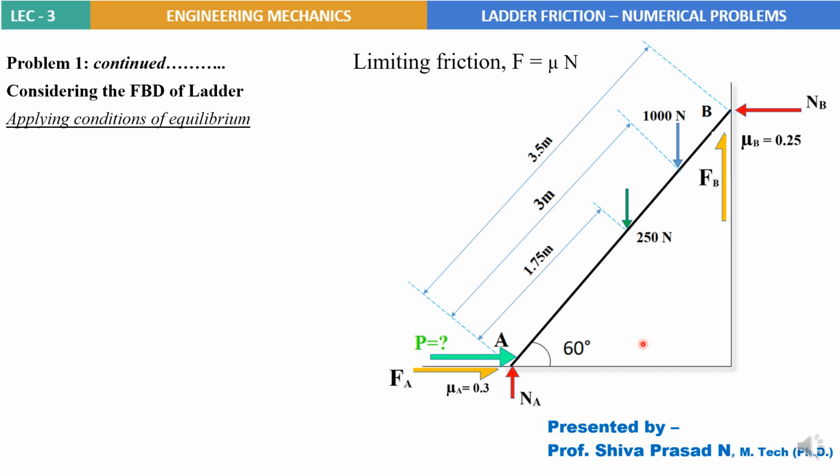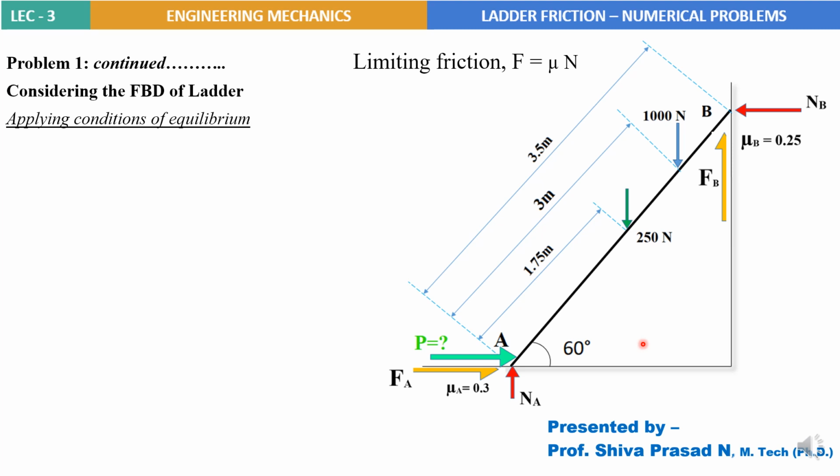In those problems, for drawing the free body diagrams, we had considered each block at a time and analyzed it as a concurrent force system. But now problems on ladder friction are analyzed by considering the entire ladder as a single force system.